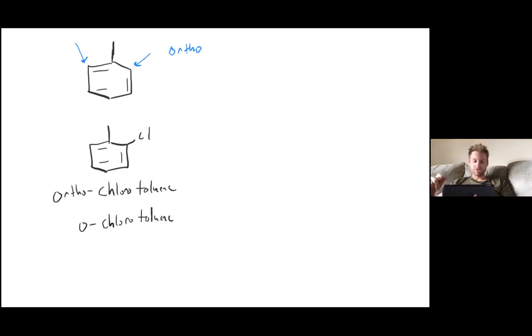Our next position, which is 2 carbons away, still symmetrical. There's still 2 of them. This is referred to as the meta position. So, same concept. This is meta-chlorotoluene.